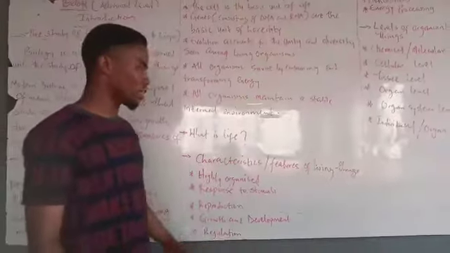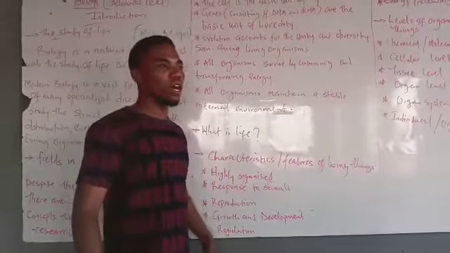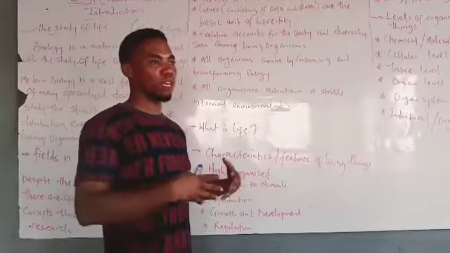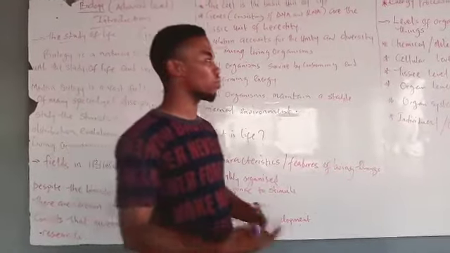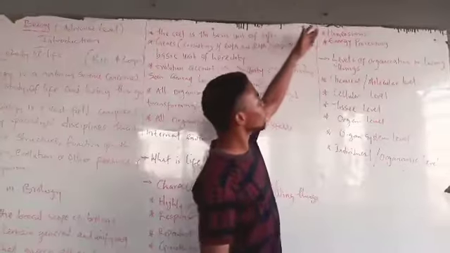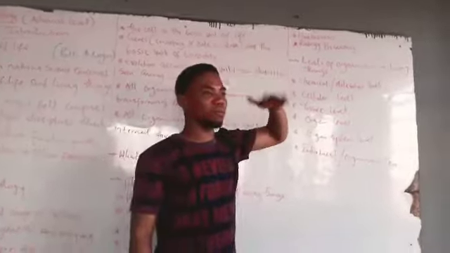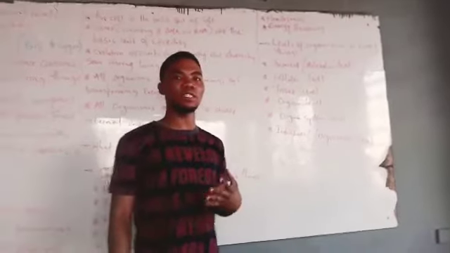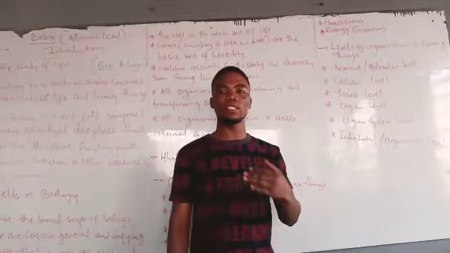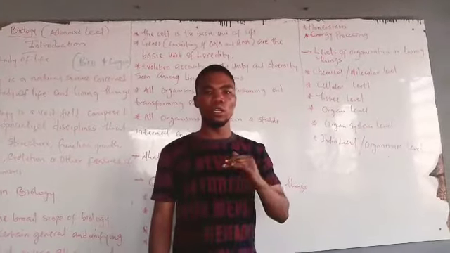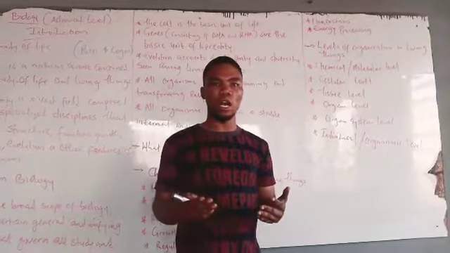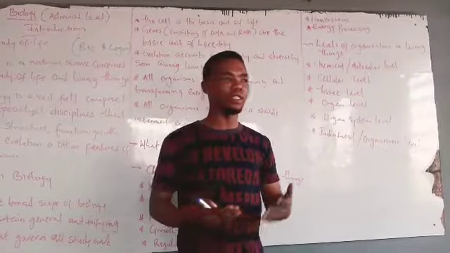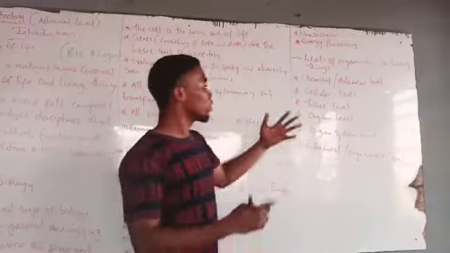And then regulation, that is, the regulation of the internal environment, such as some chemicals, energy consumption, energy utilization, and so on and so forth. Then homeostasis, balancing the internal environment, making sure that the internal environment is at a stable level. An example of such parameters that should be balanced in the body of a living organism is temperature.